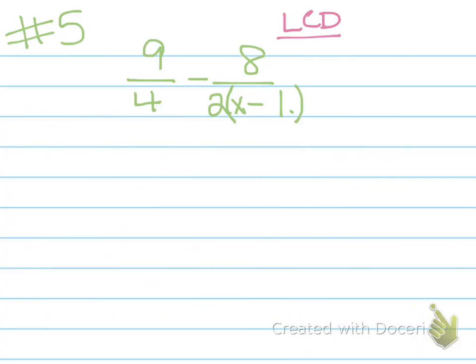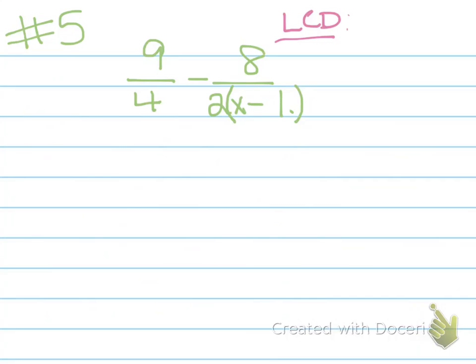All right, so what does this fraction have that this one needs? Well, that has a 4, this one only has a 2. Let's start over. All right, so for our LCD, we have a 4 and a 2.